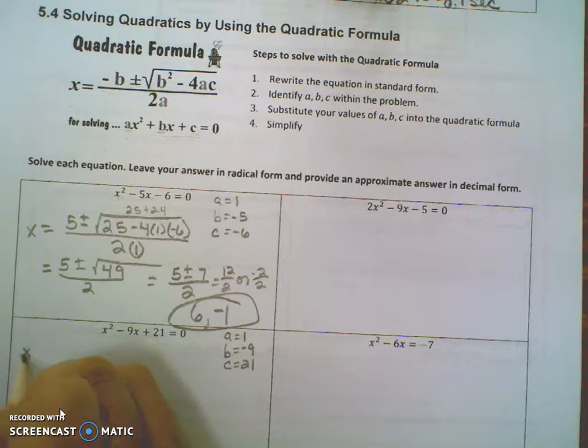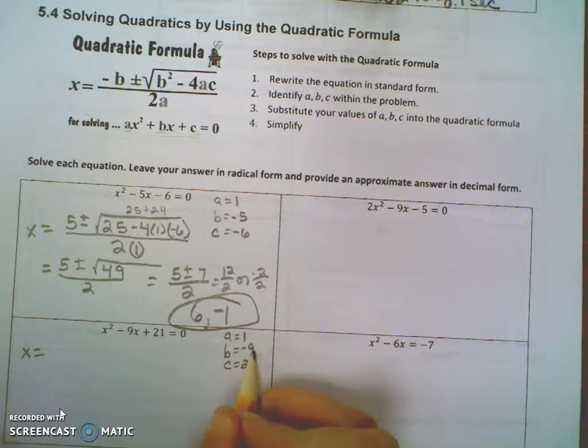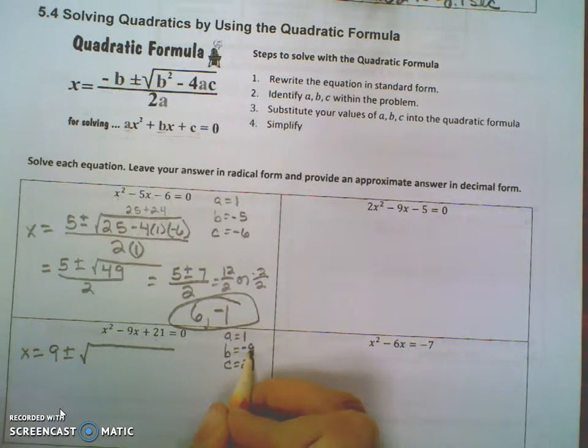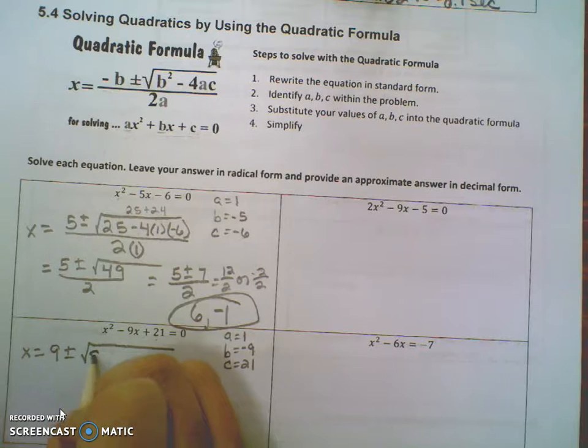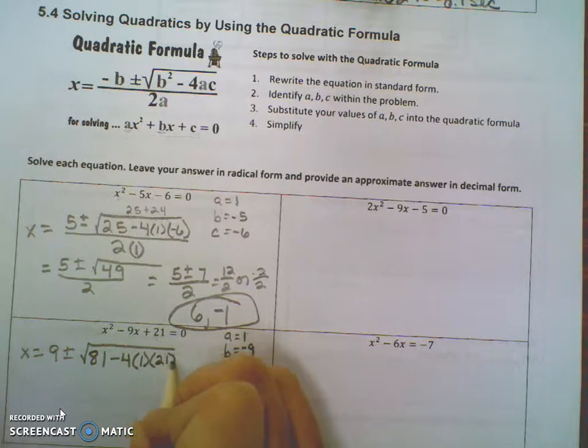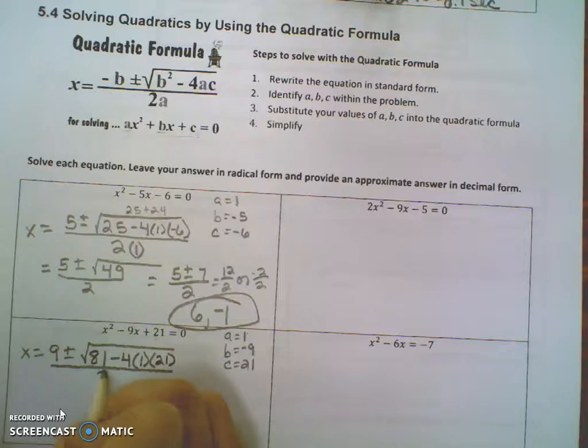So I'm going to do x equals negative b, negative 9 is positive 9, plus or minus the square root of negative 9 squared is 81, minus 4, a is 1, c is 21, over 2 times 1.